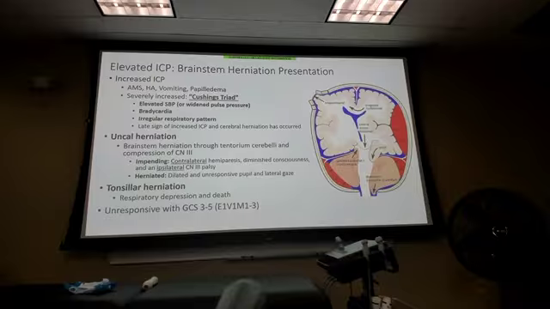That can be your first sign of impending herniation. That indicates increased ICP, and that's why we teach you that, because it is a super important skill so you can try to catch it early. Altered mental status, headaches, and vomiting are all symptoms of increased ICP.